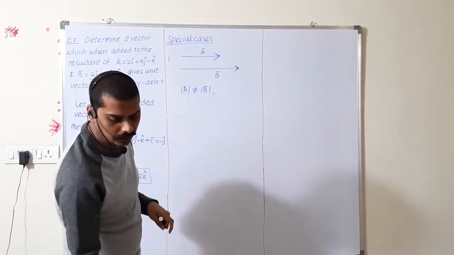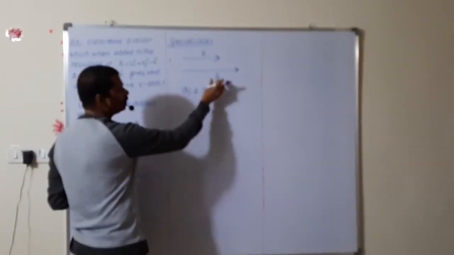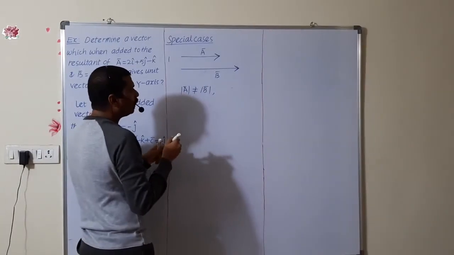If you want to show that the parallel vectors are also equal in direction, I can write it this way. B is the bigger vector.